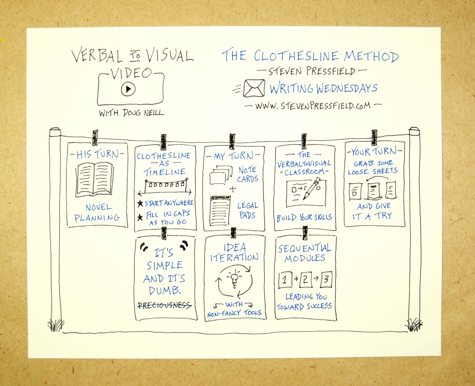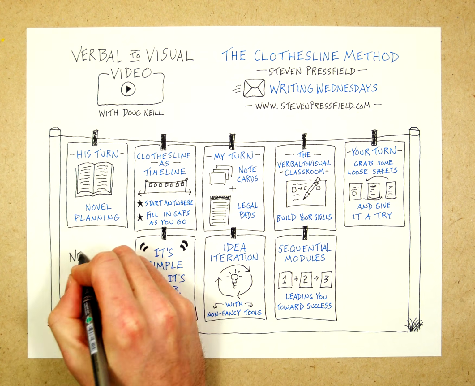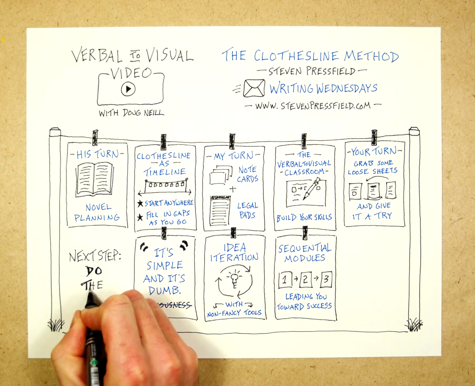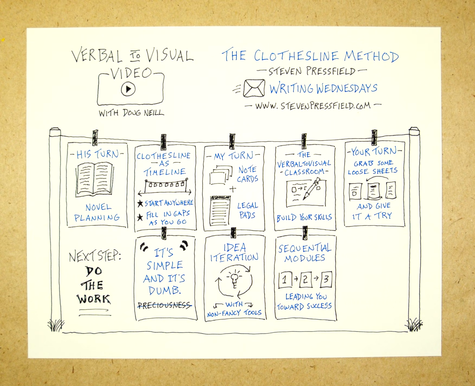Maybe you'll even want to join me in picking up some string and clothespins and throwing up that line somewhere in your workspace so that you can attach ideas as they come, move them around as necessary, and fill in those gaps until you have the confidence to move forward with your project and the perspective to do the nitty-gritty work without losing the big picture. Use that clothesline to then do the work. That's the next step that too often we lose sight of.